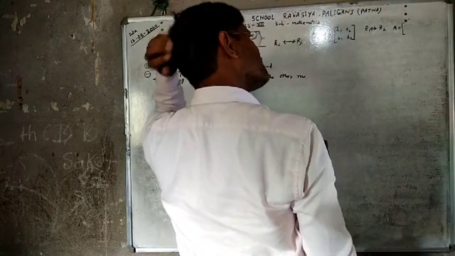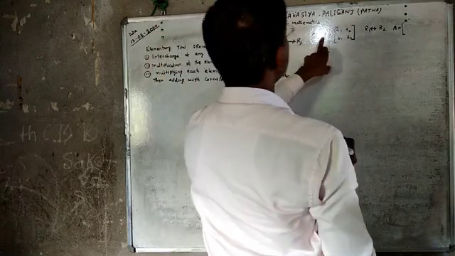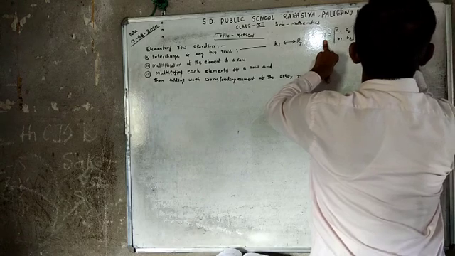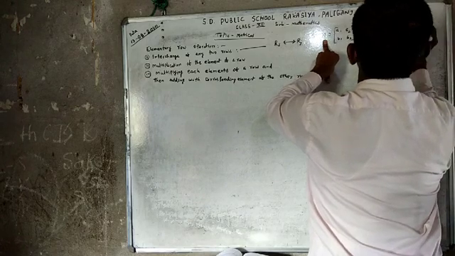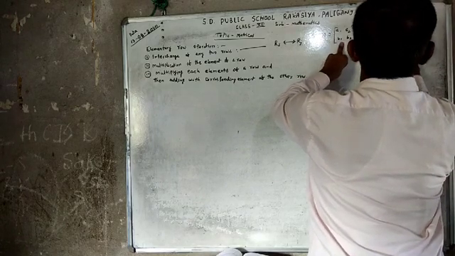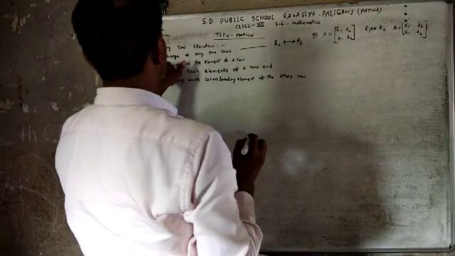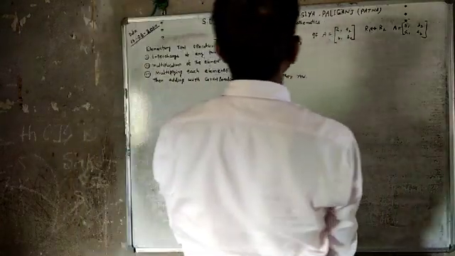The obtained matrix is an equivalent matrix of the given matrix A: first row B1 and B2, and second row A1 and A2. This is the example of the first row operation.